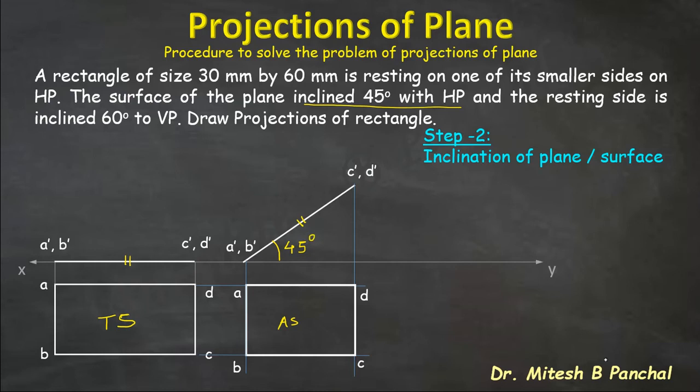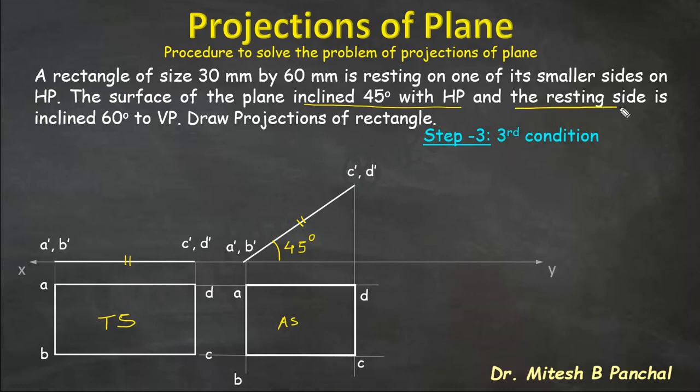Now we will solve the third step. So third possibility we have seen that is plane inclined with both HP and VP. So here this apparent shape as per the third condition we will rotate. So what is the third condition? Here third condition is that the resting side or resting edge is inclined 60 degree with VP.